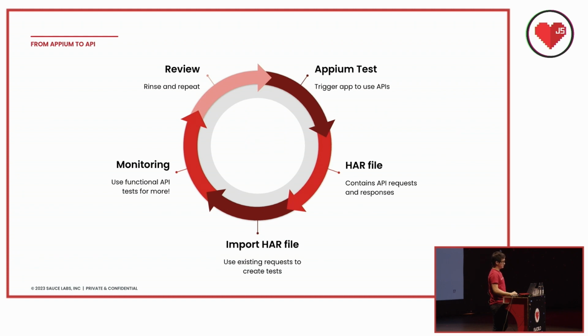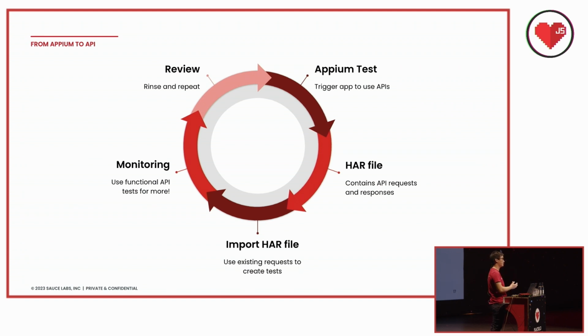Now, before I do that, let's take a step back and review how a typical workflow looks like when you do an Appium test or Selenium test. It doesn't really matter in this case. You have a test that interacts with your application under test, your front end. We are creating a HAR file which contains API requests and responses.